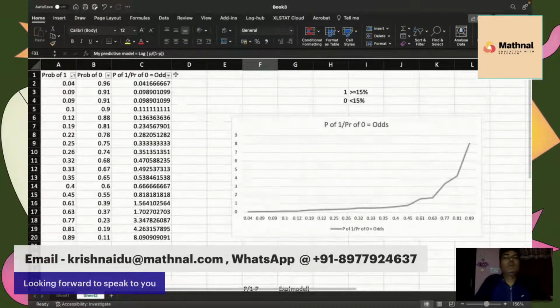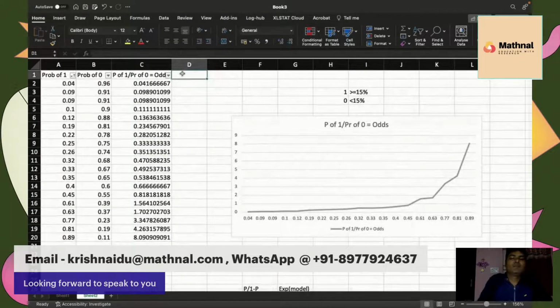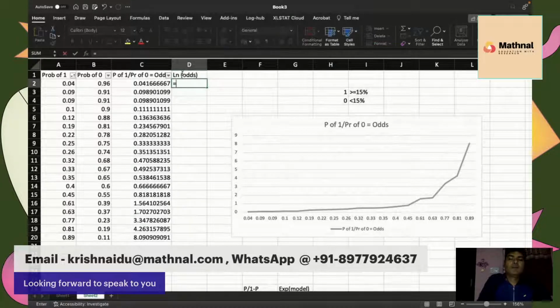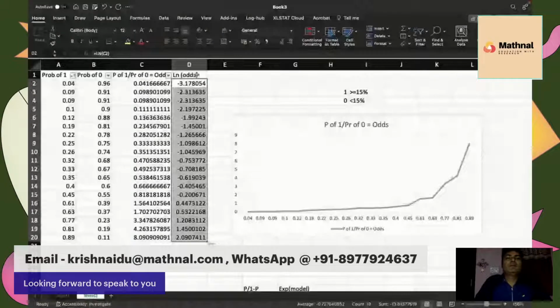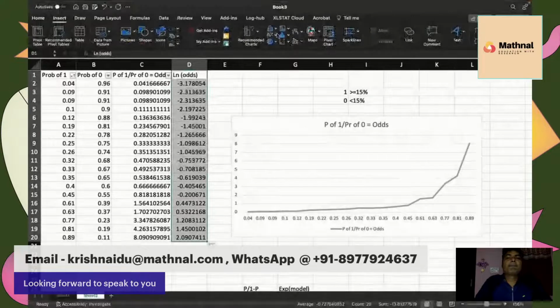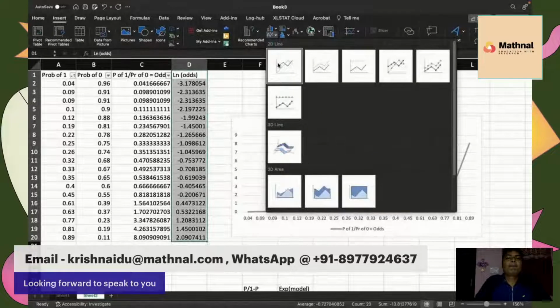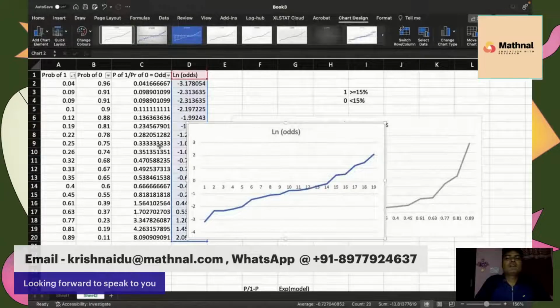If I do the log natural of the odds, P by 1 minus P, let's see what we get here. If we draw this, build a plot of this, this plot is turning into a linear plot.